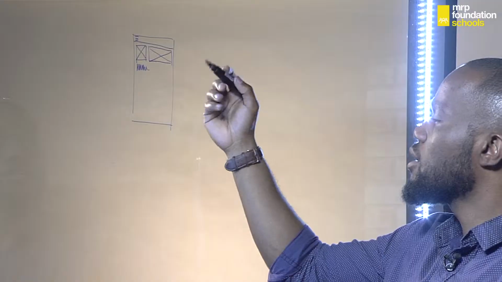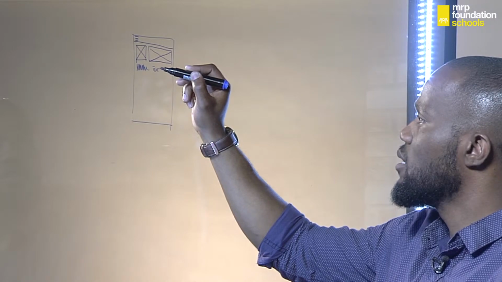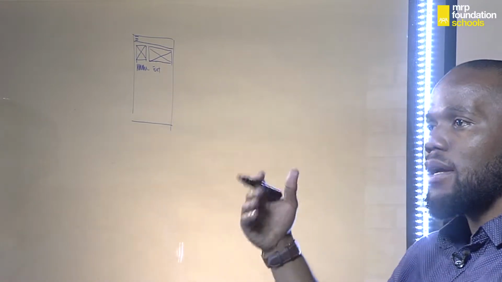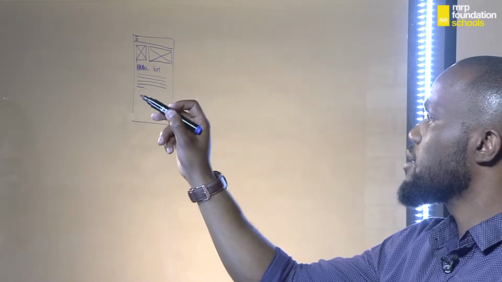If I want to put a heading, sometimes you will just see people do something like that. That will be my heading for my text. Or you can also just choose to write just, text. But then if I have paragraphs, I will just do something like this. And then it ends there.